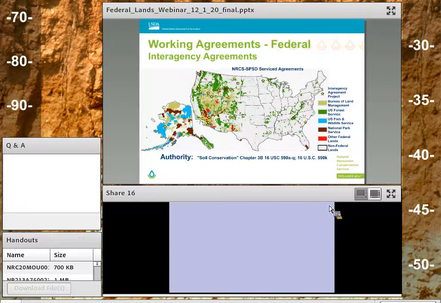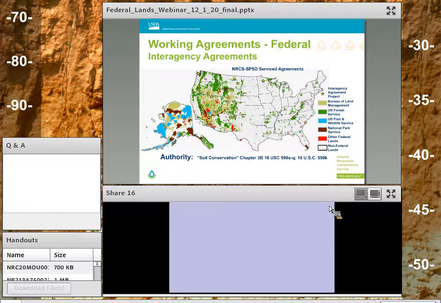And the last thing I want to talk about with these interagency agreements is if a partner is interested in entering an agreement or initiating a project, it's best that those discussions begin as early as possible in a fiscal year. The fourth quarter is going to be too late for us to really begin the process if we're going to execute an agreement that fiscal year. So again, just feel free to reach out to one of us or your local regional director if there's some interest in a new agreement or a modification to an existing one.